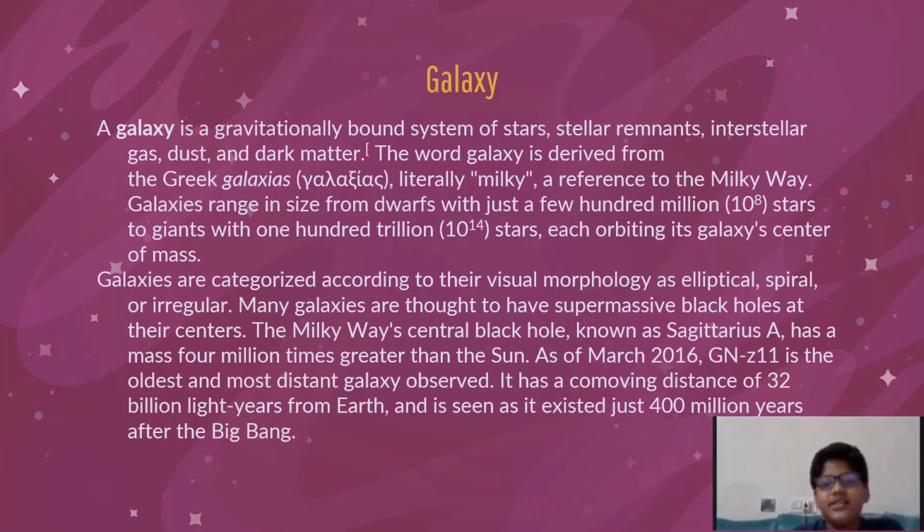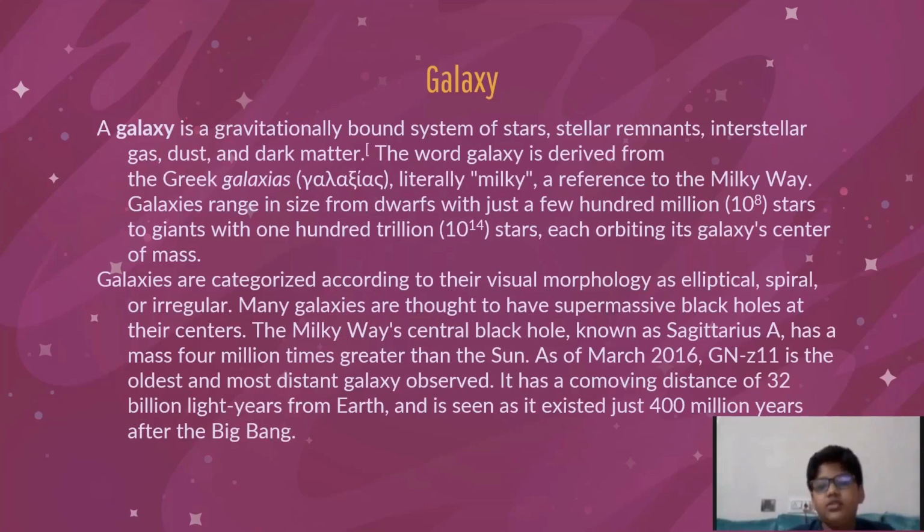Galaxies are categorized according to their visual morphology, such as elliptical, spiral, or irregular. Many galaxies are thought to have supermassive black holes at their centers. The Milky Way's central black hole, known as Sagittarius A, has a mass 4 million times greater than the Sun.